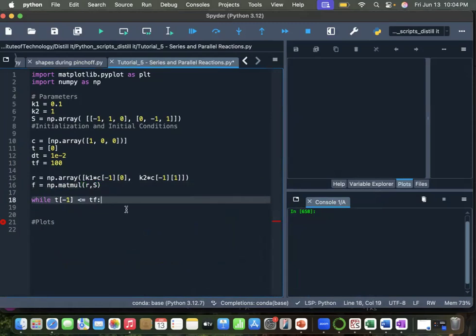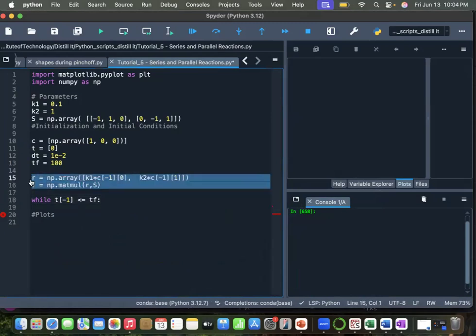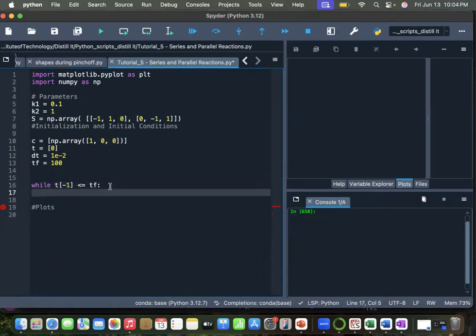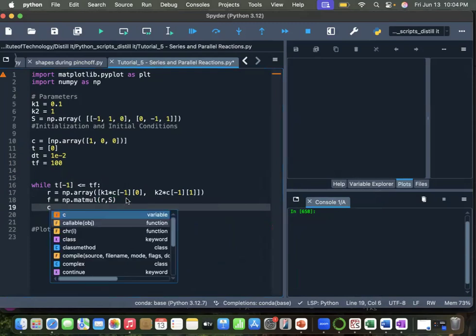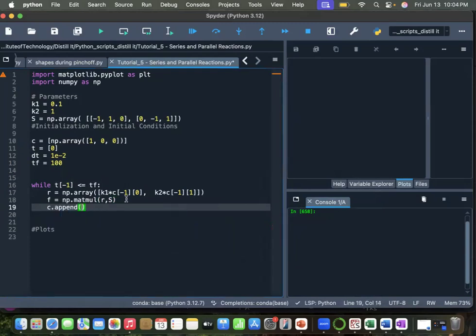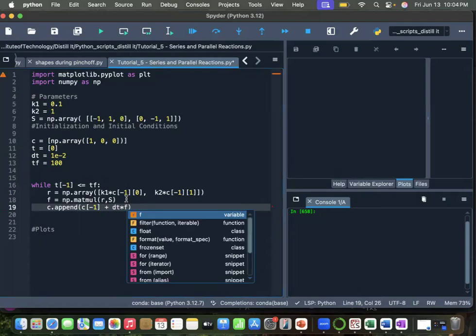Okay, so we have the F array over here, and hence actually we could just evaluate this within the loop over here, right? And then we could say C dot append C minus 1 plus dt times F, right?